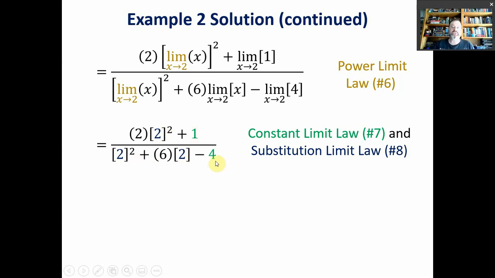That's how you have to do it until we develop more rules, which we're going to do in about 2 seconds. But I need you to understand why this works. So the first 8 limit laws allow us to do this for many kinds of problems. And then you type in your calculator and you get 3/4, and that's the answer.